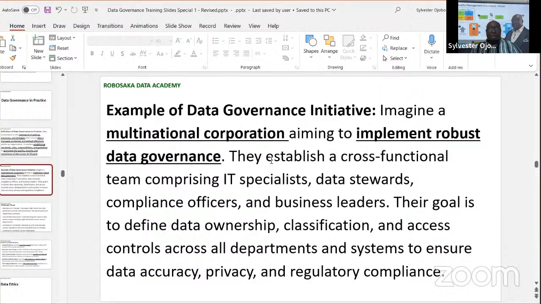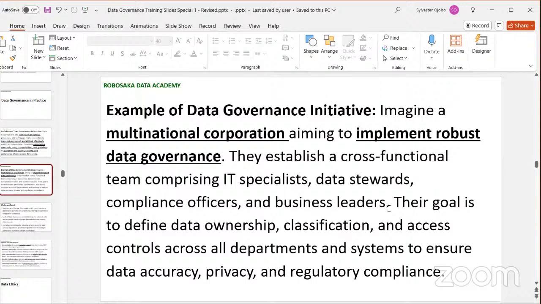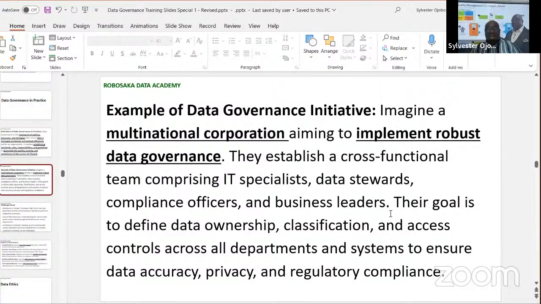In that team, they established a cross-functional team comprising IT specialists, data stewards, compliance officers, and business leaders. Anything on data governance there in the team?